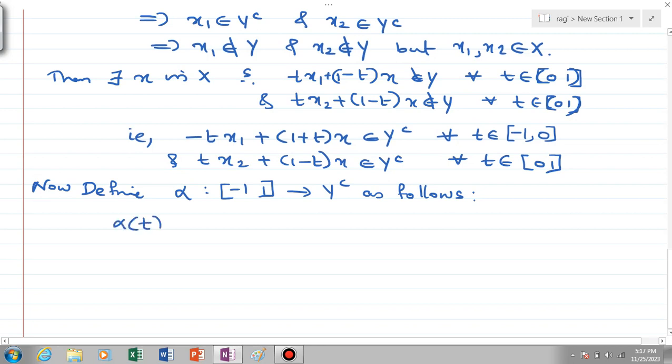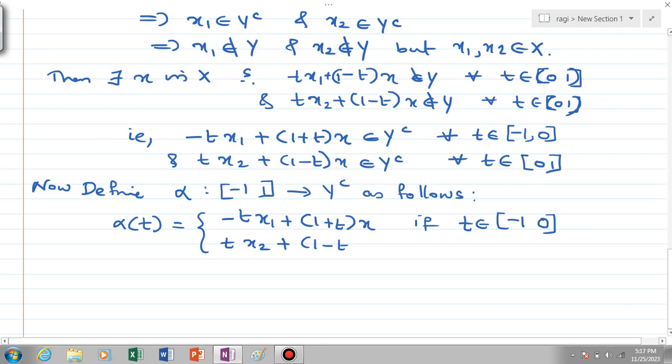Alpha of t is equal to minus t x1 plus 1 plus t into x if t is an element of minus 1, 0, and equal to t x2 plus 1 minus t into x if t is an element of 0, 1.